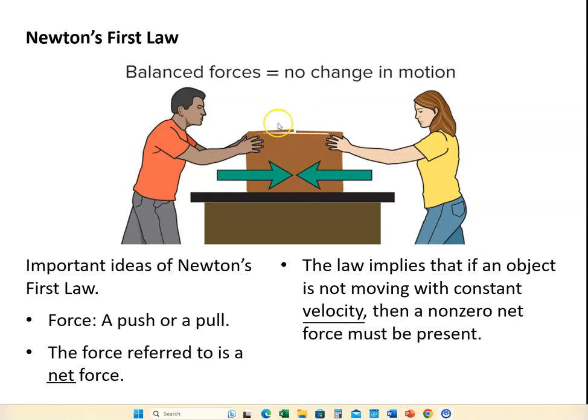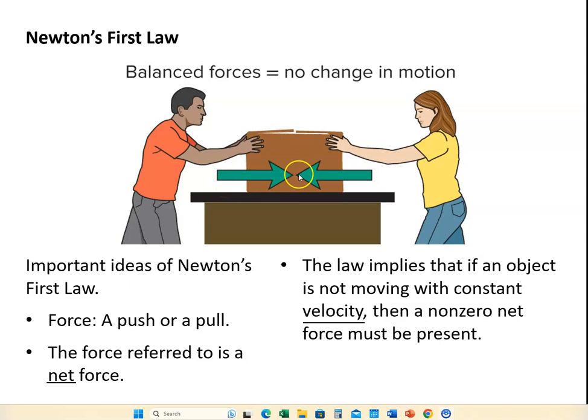In other words, you can have an object with multiple forces acting on it, in fact some infinite number of forces. But as long as there's no net force, the net force is like an unbalanced force. Here's an example of an unbalanced force: if she pushed a little bit harder, this green arrow would be greater, and then the box would start to slide to the left.